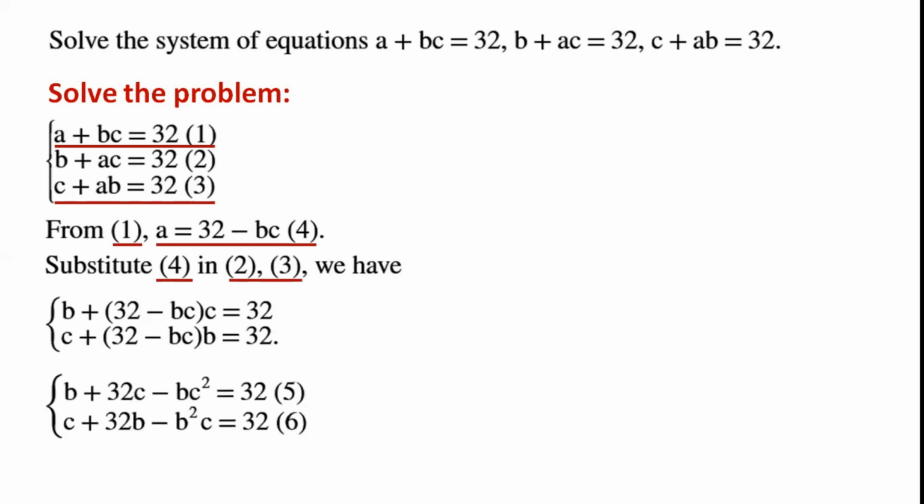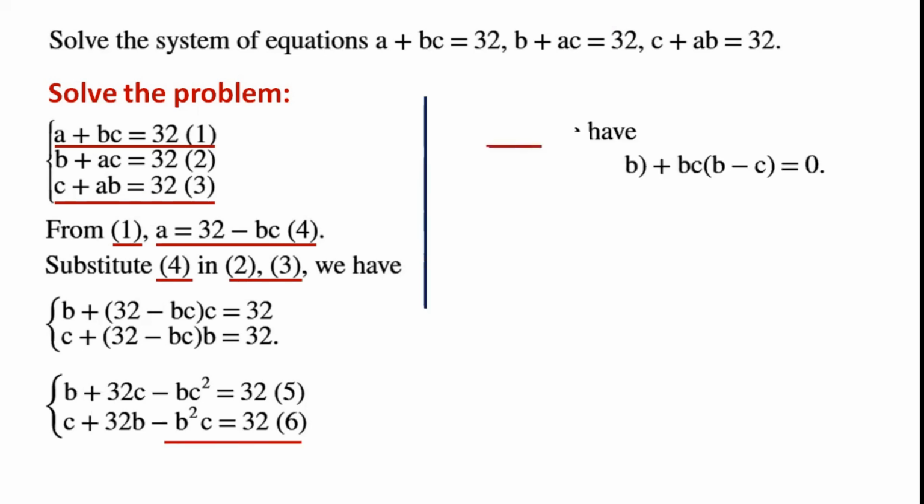We can write these as B plus 32C minus BC squared equals 32, and C plus 32B minus B squared C equals 32.